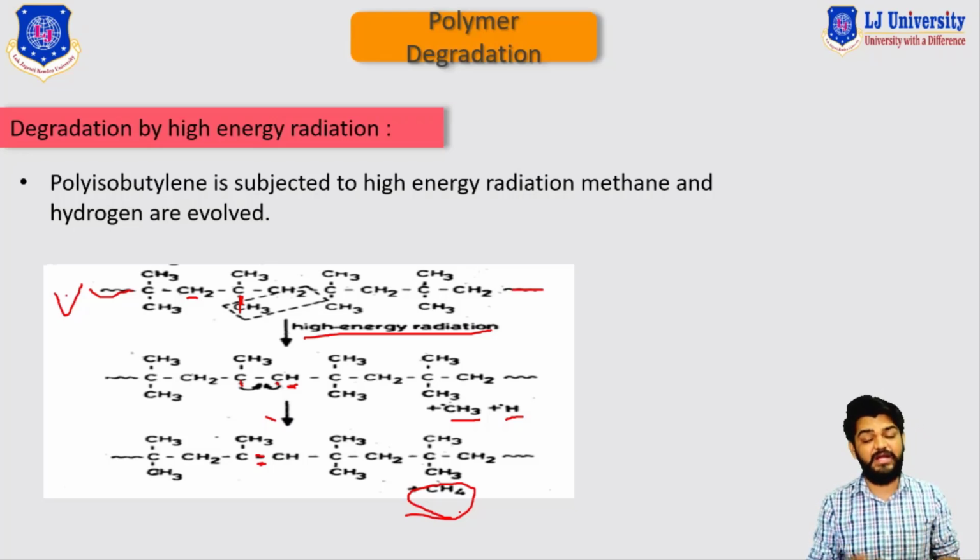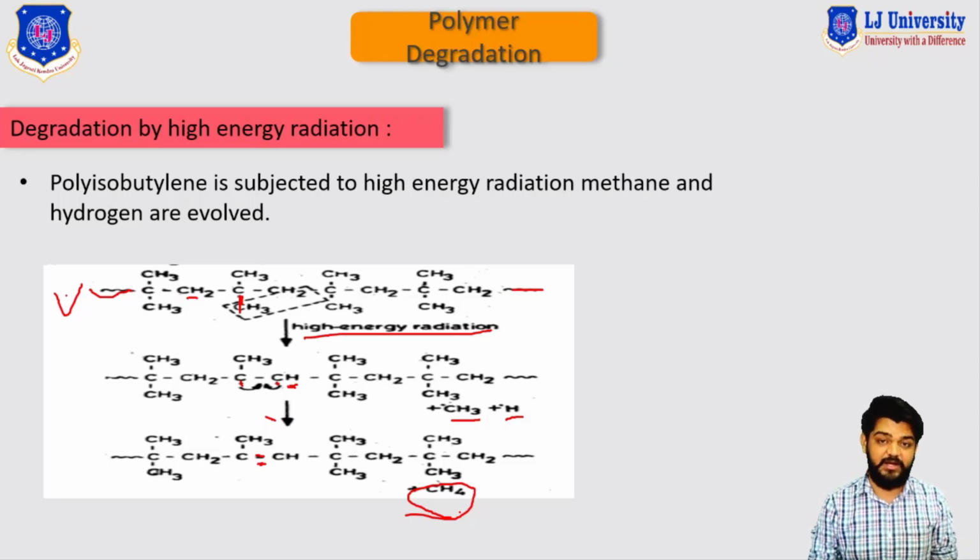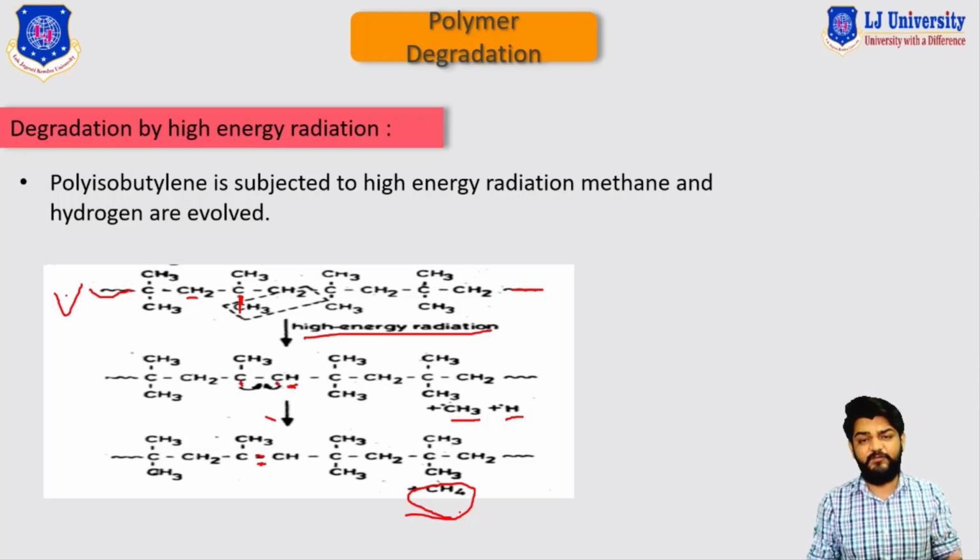And later we understood thermal degradation, and we have seen the mechanism behind thermal degradation. Then we have also understood the mechanical degradation process and photo degradation, and we have also seen biodegradation of polymers. Here we have also seen high energy radiation degradation as well, right? So these are the different questions that can be asked for the exam.